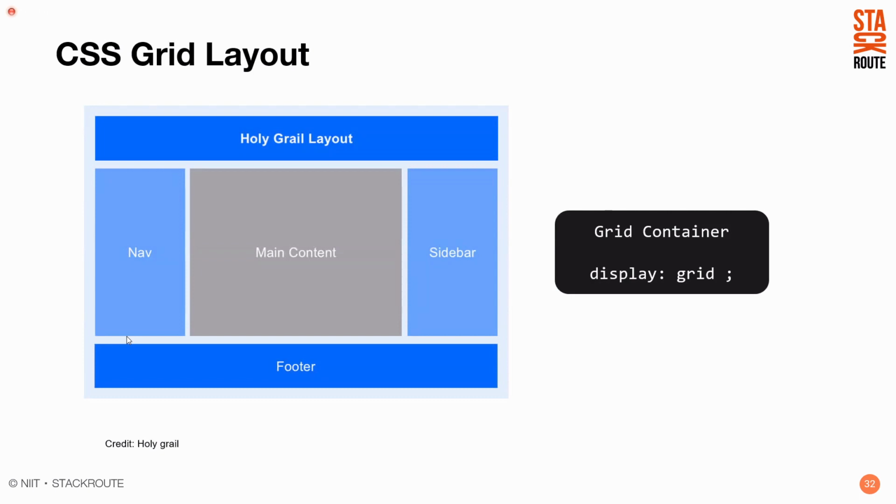CSS grid layout. So you have to use the property on the grid container: display is grid. Sometime back, instead of grid, what was the property we provided? Flex. So sometime back, we used the flex property. Now we are using the grid property.